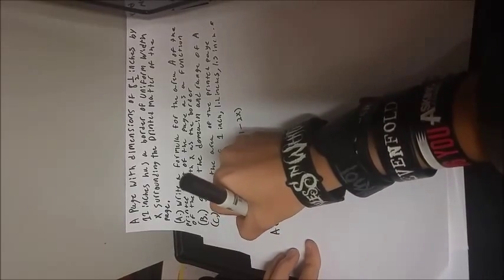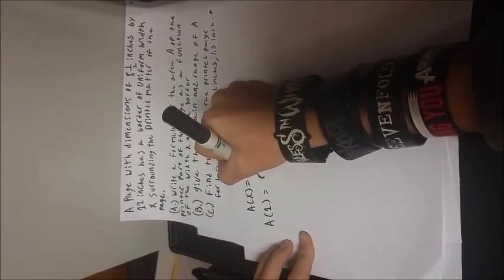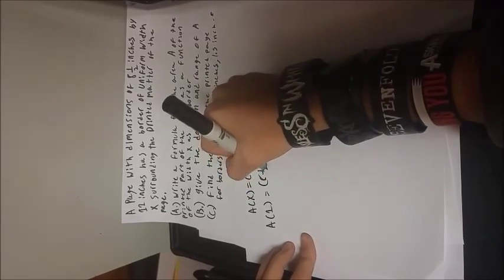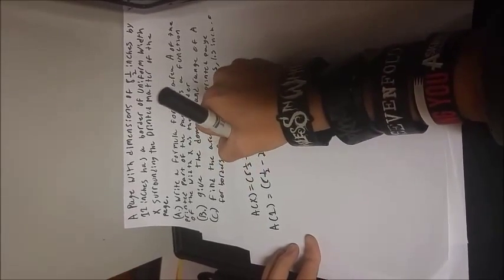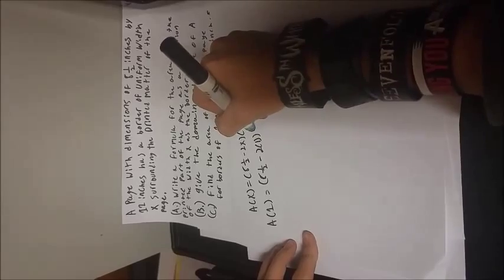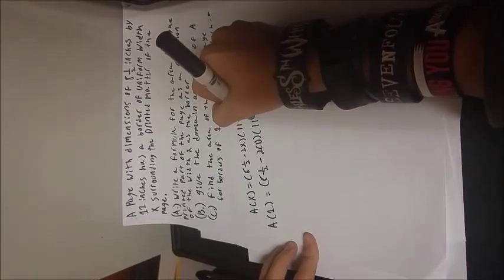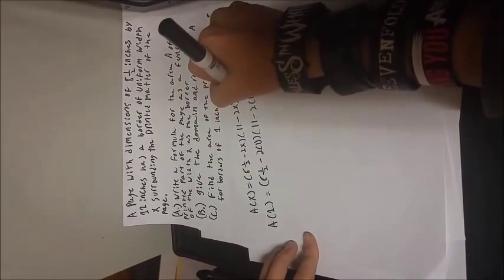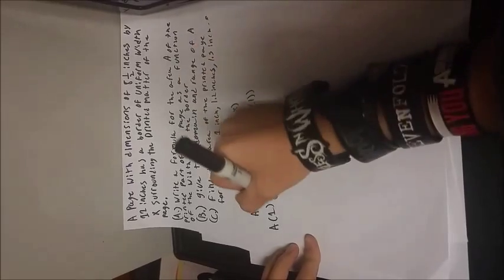So we're going to write it as A of 1 equals 8.5 minus 2 times 1, times 11 minus 2 times 1.